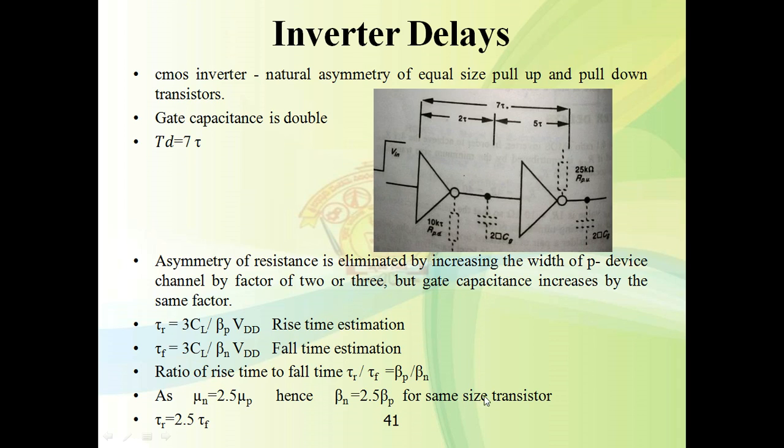Therefore, ultimately rise time is equal to 2.5 times fall time. Fall time will be smaller and rise time will be larger, since in the case of fall time the n-type transistor is on, and in the case of rise time the p-type transistor is on. Hence rise time will be 2.5 times more than fall time.